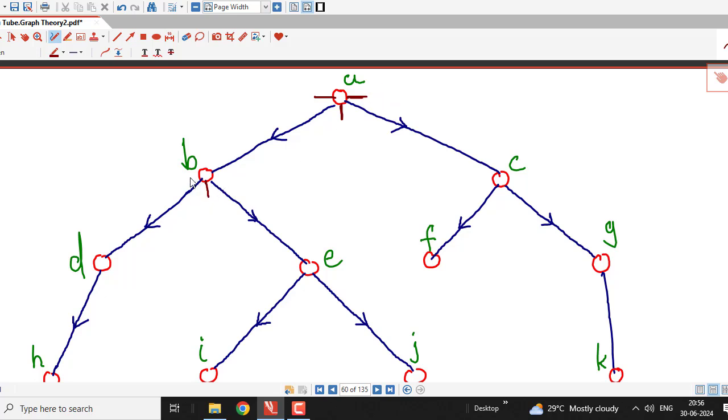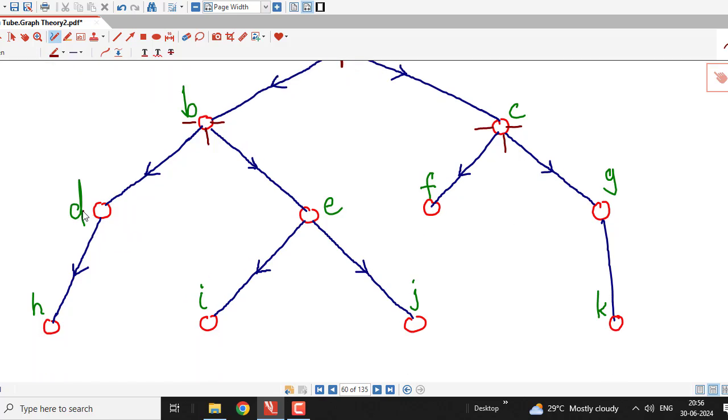So this we mark for each and every vertex in the given rooted tree. This is the way we apply the shortcut method for finding these three types of tree traversals.